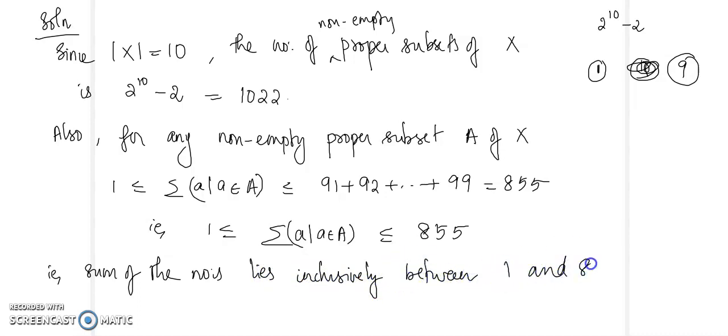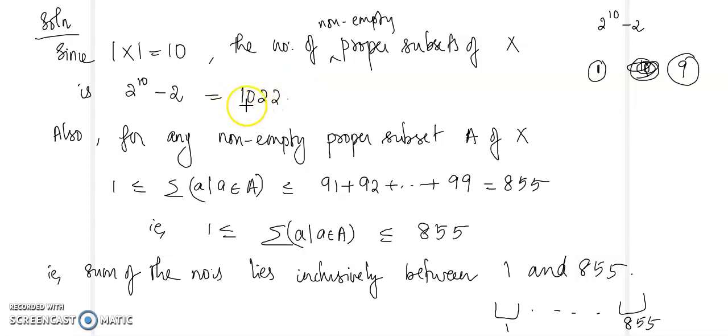1 and 855. And now let us use the pigeonhole principle. Let us take the boxes to be the sums. The possible sums range from 1 to 855, so take boxes numbered 1 to 855. Now you have 1022 proper subsets, and each subset has a sum.